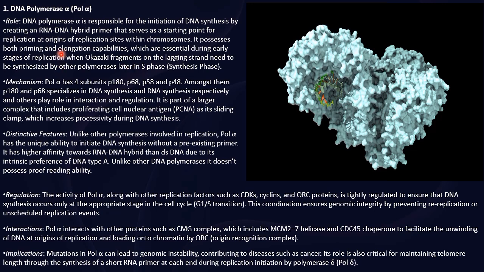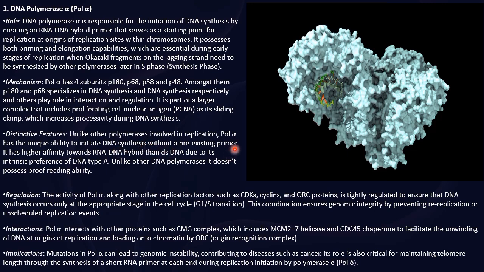It is a part of a larger complex that includes PCNA, that is proliferating cell nuclear antigen, as its sliding clamp, which increases the processivity during DNA synthesis, as I said before. The distinctive feature which separates it from other DNA polymerases is that, unlike other polymerases involved in replication, pol alpha has a unique ability to initiate DNA synthesis without a pre-existing primer.